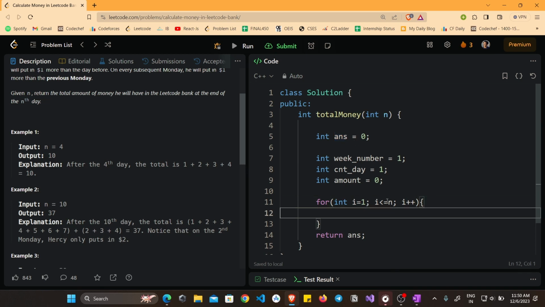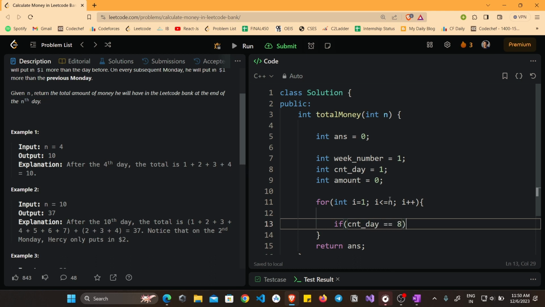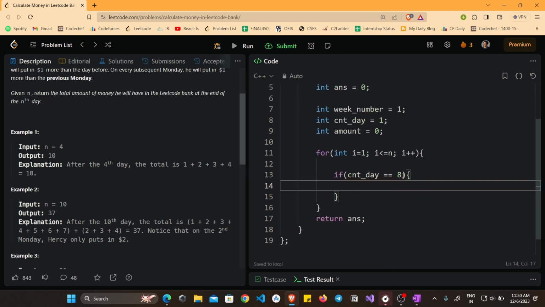Now in this for loop, while going through each day, let's say at any point my count day variable is equal to 8. It marks the beginning of the new week, and that day will be Monday.